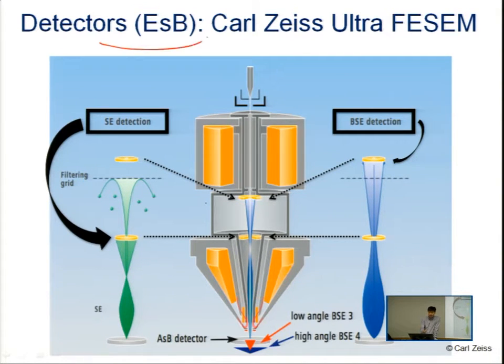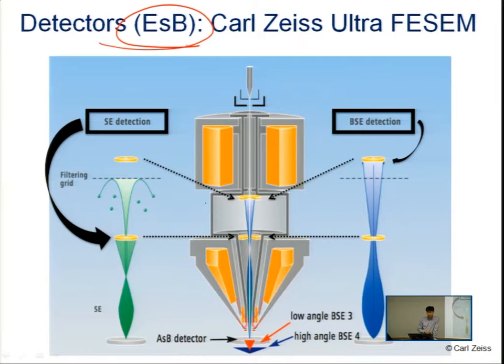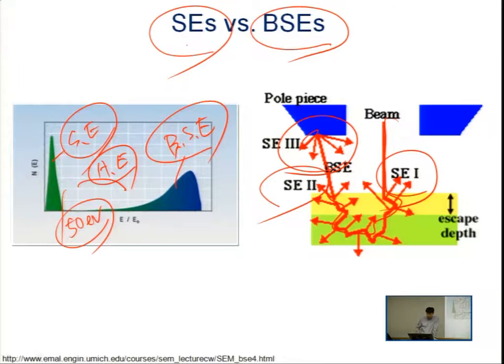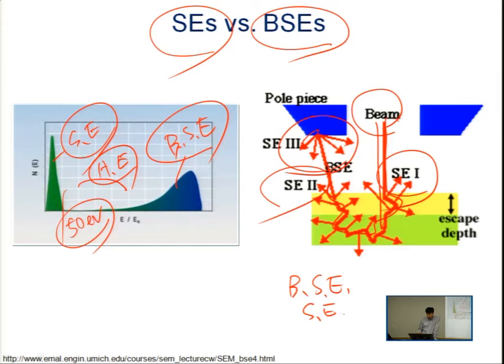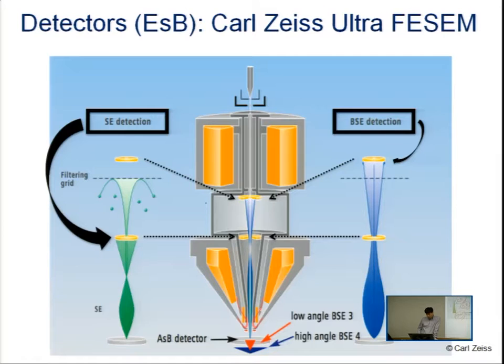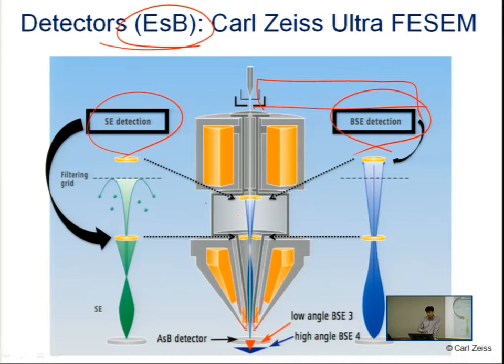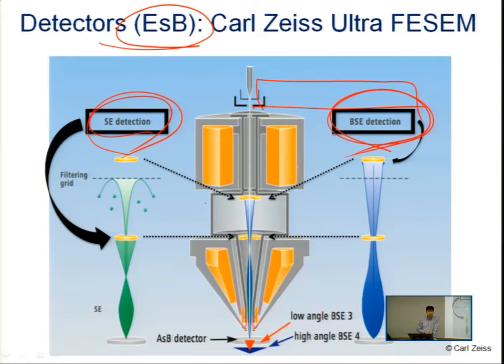This is the technology used in advanced scanning electron microscopes. When we apply the primary beam to the surface of the sample, we get both backscattered electrons and secondary electrons. But advanced scanning electron microscopes have both detectors located in the column, a secondary electron detector and a backscattered electron detector.